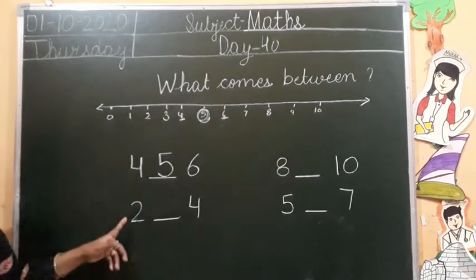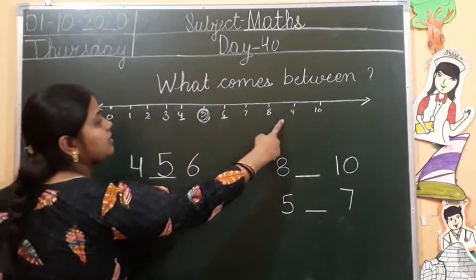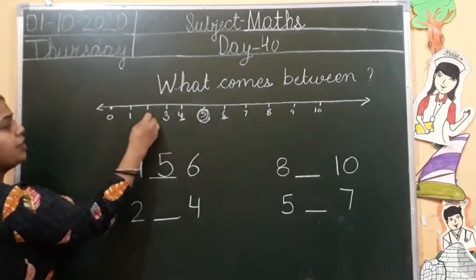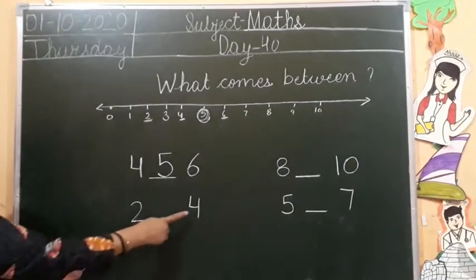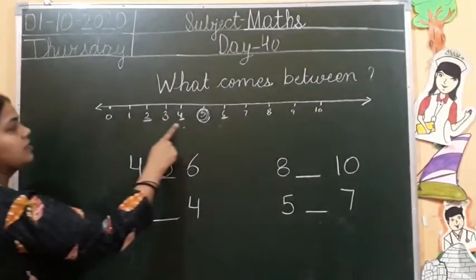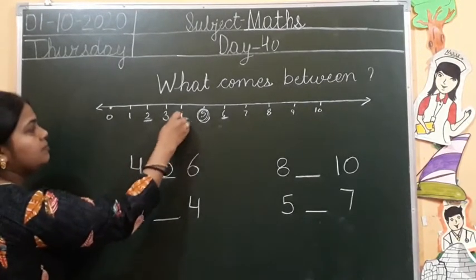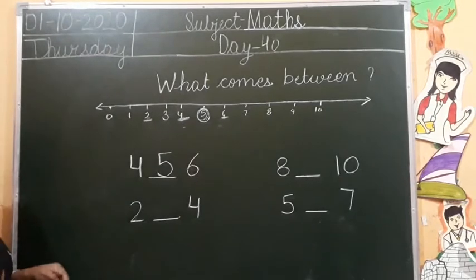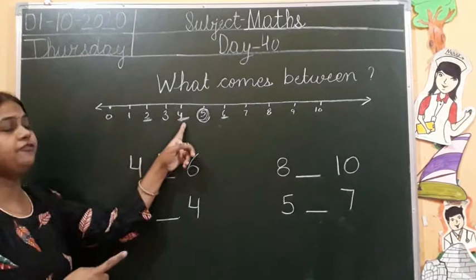Okay. Next 2. Now find out where is 2 on this number line. This is number 2. I am going to make a line below 2. Now this is 4 is given. Now find out where is 4. Here. This is 4. Again I am going to put a mark below number 4. Now find out which number comes between 2 and 4.